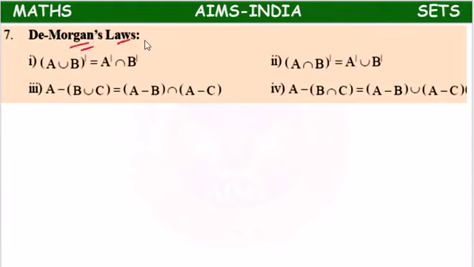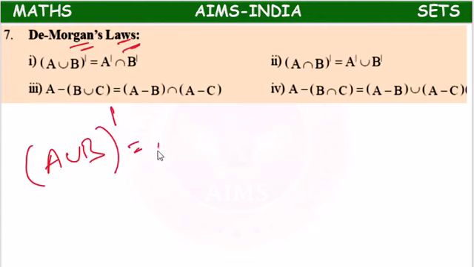Next, De Morgan's laws. First one: A union B whole dash equals A dash intersection B dash. We can take some elements and prove this, but you just have to remember the formulas.